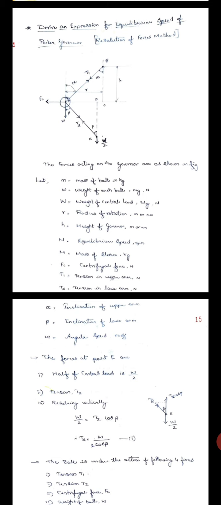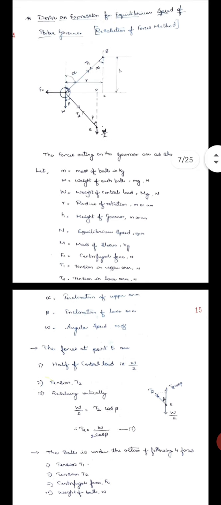Resolving vertically, we have W by 2 acting downwards and T2 cos beta as the upward force, as you see from the diagram. Therefore, T2 equals W upon 2 cos beta, equation number 1.